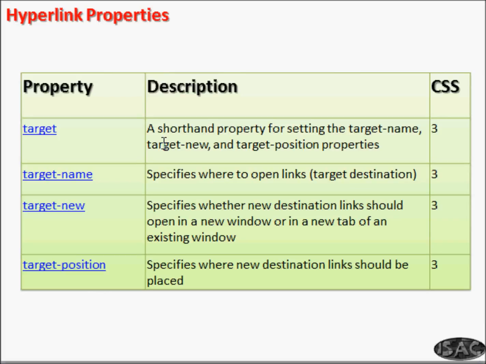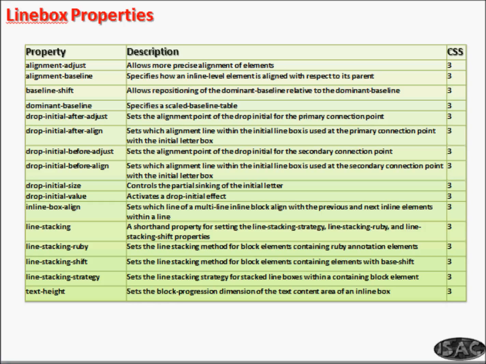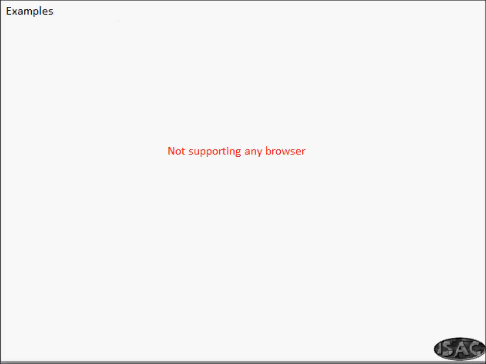In a hyperlink, they have introduced target, target name, target new and target position, but it is still under implementation. I cannot explain anything about this. There are several properties related to the line box: alignment adjust, alignment baseline, text height, line stacking shift, a lot of stuff, but it is still under development, not supported by any browser.